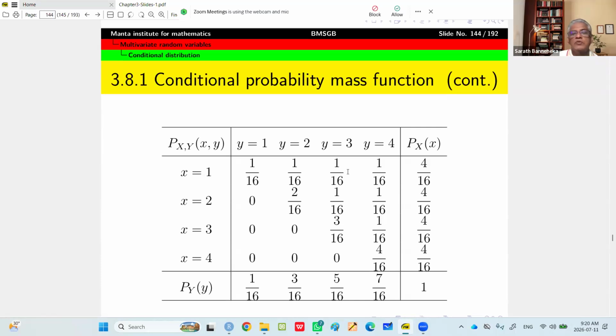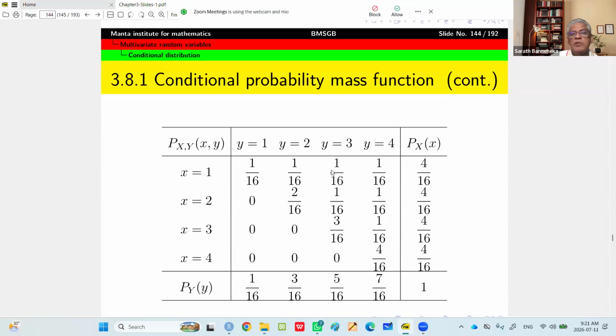So that when you add the values of the conditional probability mass function, you should get 1 to make it a probability mass function, right? That's why we have to divide these joint probabilities by the marginal probability.